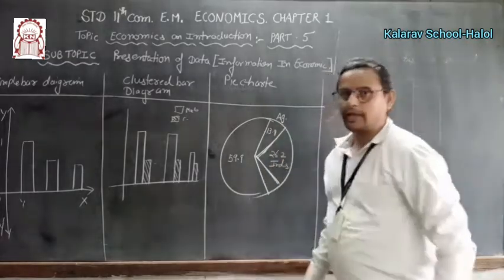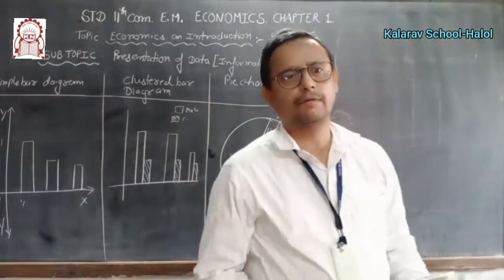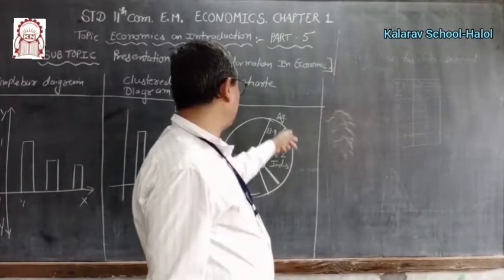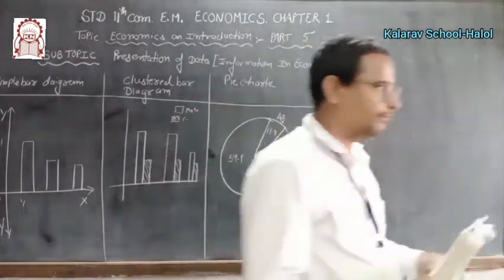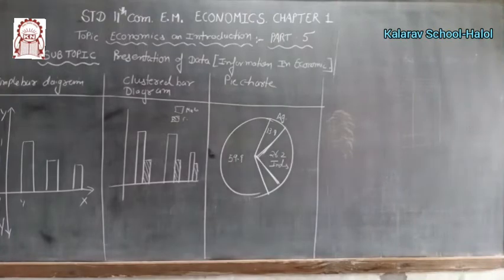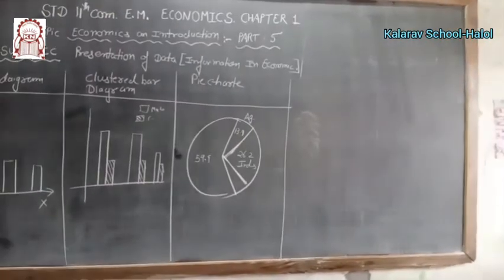When you draw the graph with the help of a circle, that is called a pie chart, pie graph or pie diagram.